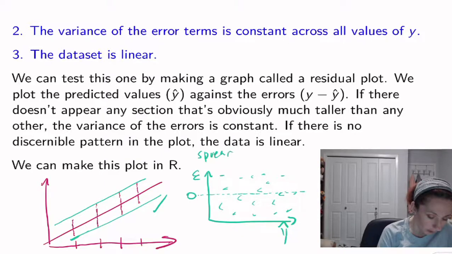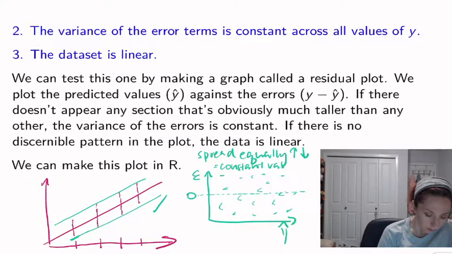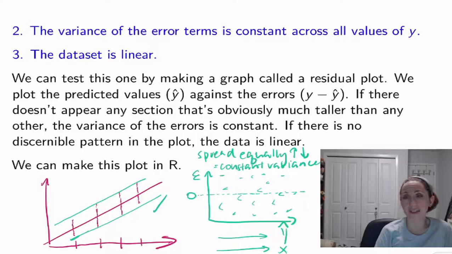If they're spread equally in the up-down direction of my plot, this is going to be our indication of constant variance. And we can see this makes sense because as I go across my y hat, where every y hat has a unique x, you could really think of it as I'm increasing my x, and I'm seeing about the same amount of error.